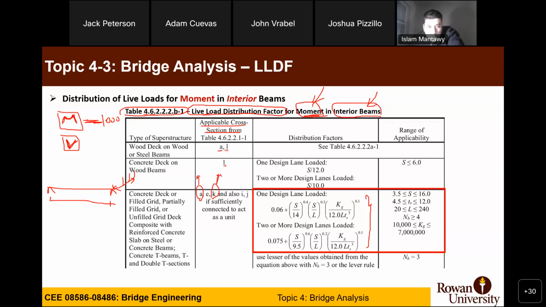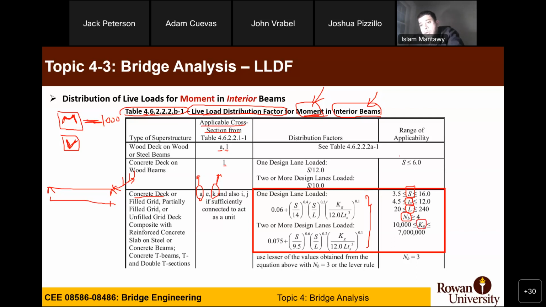Yep. Once you have those, and it's a concrete deck, you go to this table. What is S, Adam? The spacing between the girders, correct? Yeah, the spacing. ts is the thickness of the deck. L is the span length. Nb is the number of girders, and Kg is the stiffness factor that we just discussed.